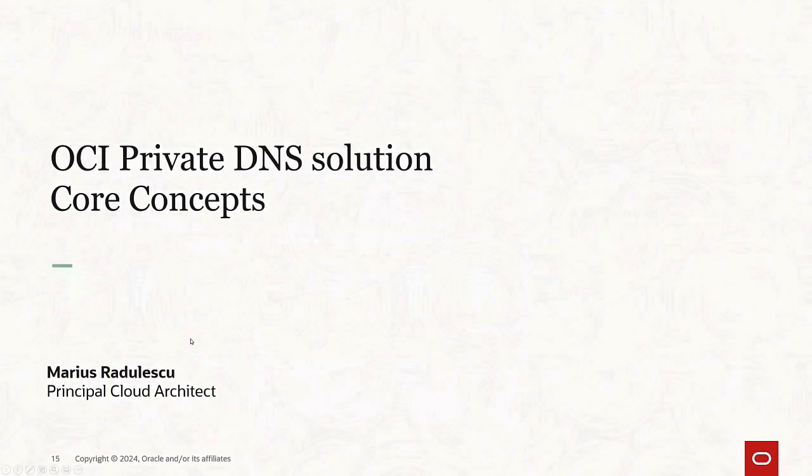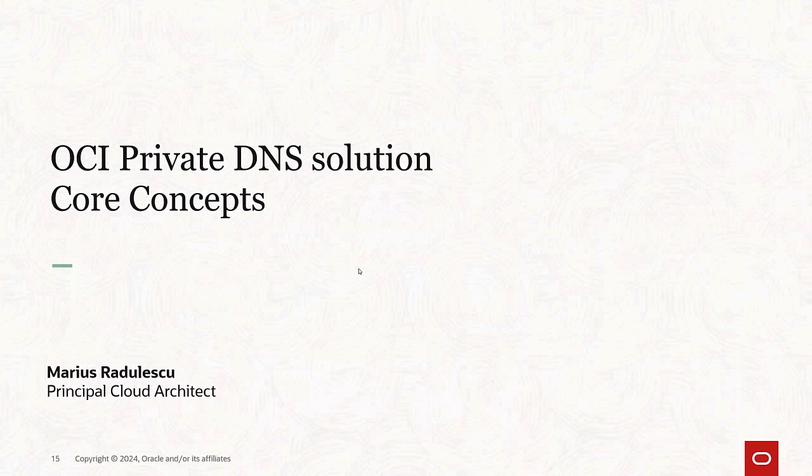Thank you, Radu. Let's move to the OCI private DNS solution, which is a robust system designed with security, high availability, and performance in mind. This extensive solution lets you have your own DNS domain names and fully manage the associated zones and records.